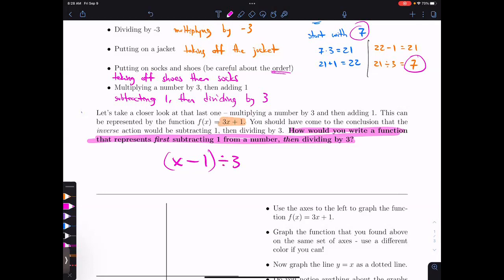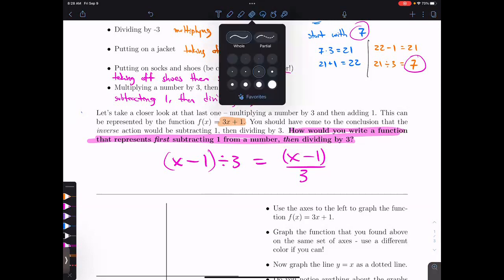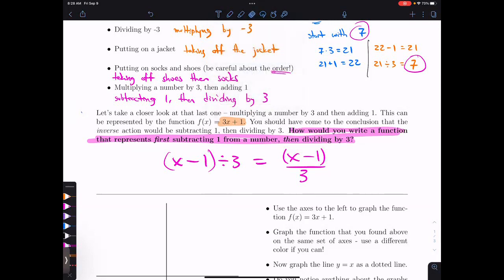Most of the time, we don't use the little division symbol, right? Typically, more often, we're going to see that written something like this. And the fraction bar, or writing division like that, we treat the stuff on top and bottom as though it's in parentheses anyway.